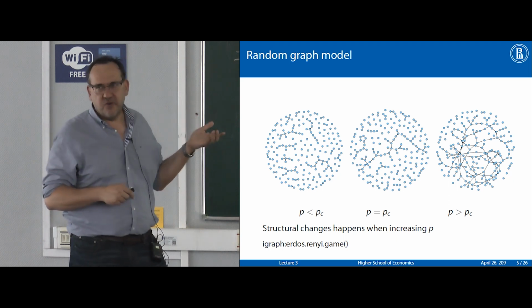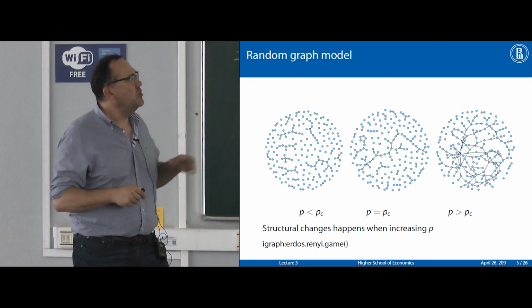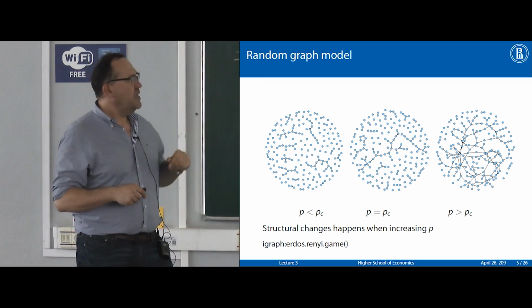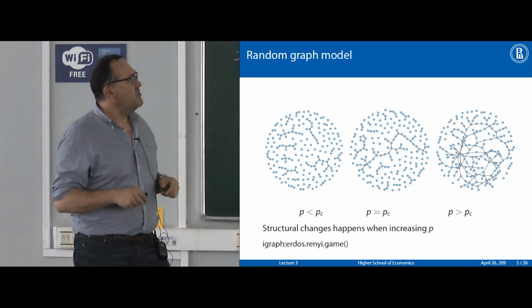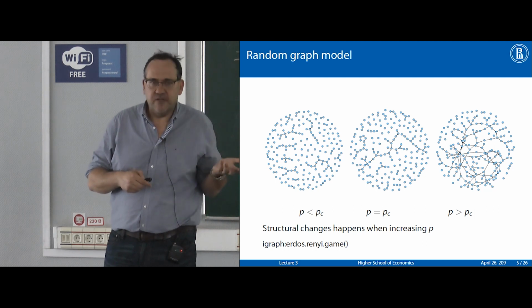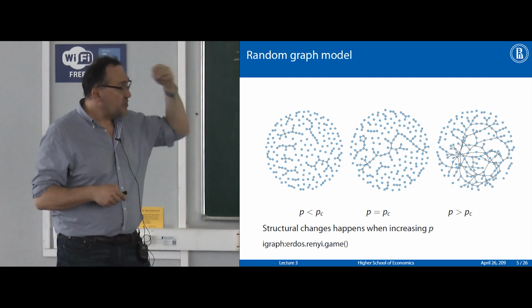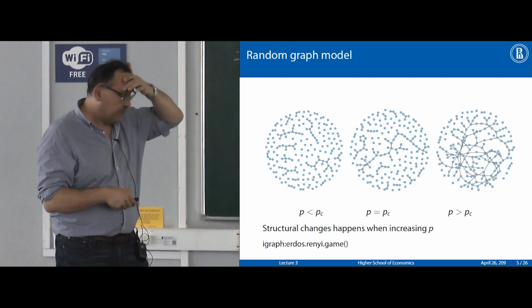Or, in other words, you can take the largest component and see what fraction of all nodes belong to it. And you will notice that at small values of p, they're quite disconnected. Then there is a pretty big fraction in there, and then all of a sudden, most of the nodes become connected. And you can actually observe it. It's a sort of numerical simulation, a numerical experiment. This picture is generated from that function.